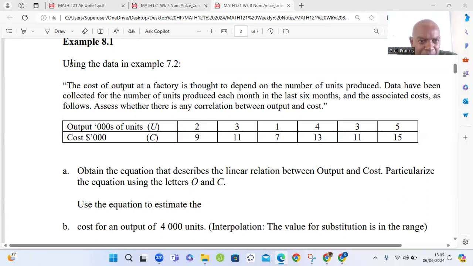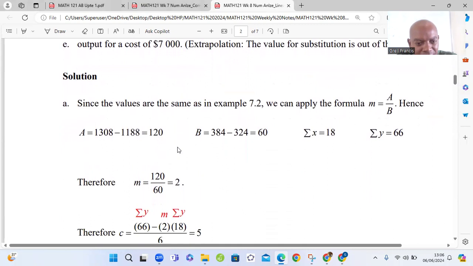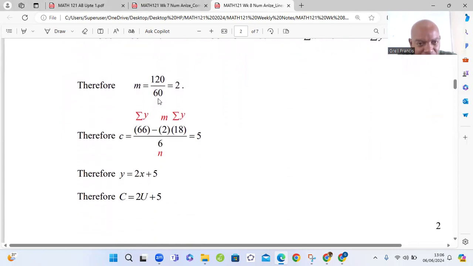Now, if we go to example 8.1, we can see that their x variable was units and the y variable was cost. They use U for units and C for cost. When they found the equation y is equal to mx plus c, they calculated m and they calculated c. m is A over B, c is the sum of y minus m times the sum of x, I suppose, that's a typo, over n.